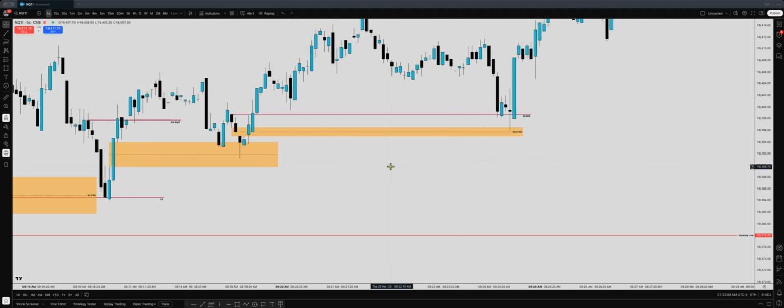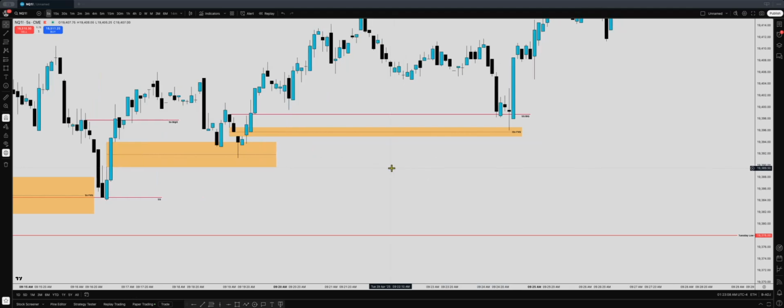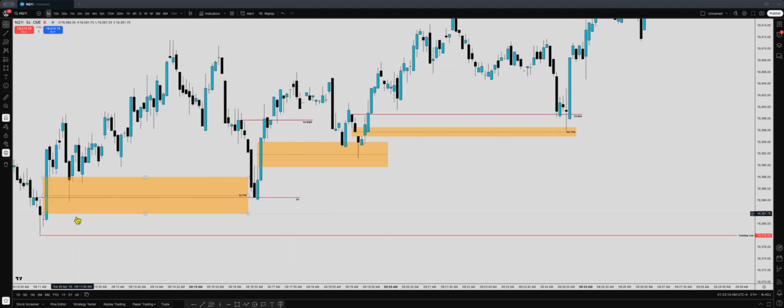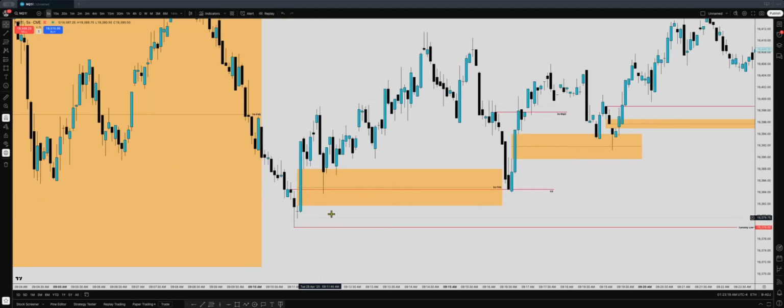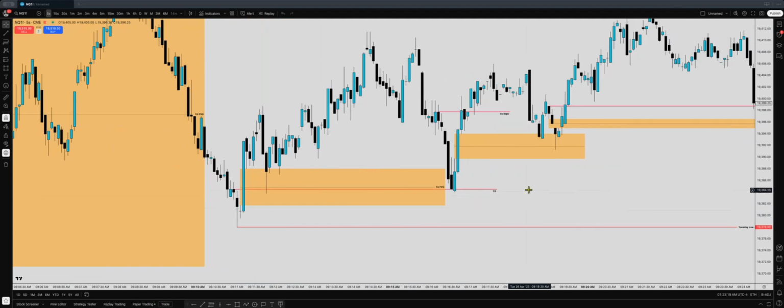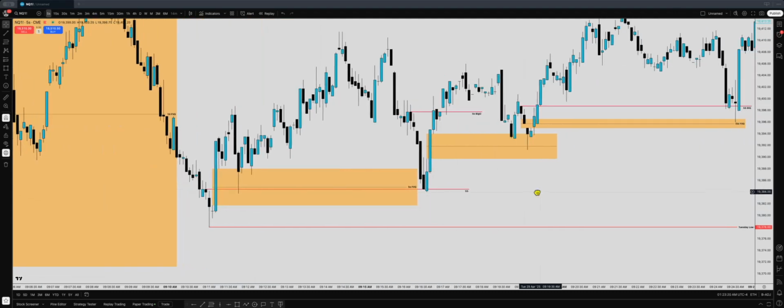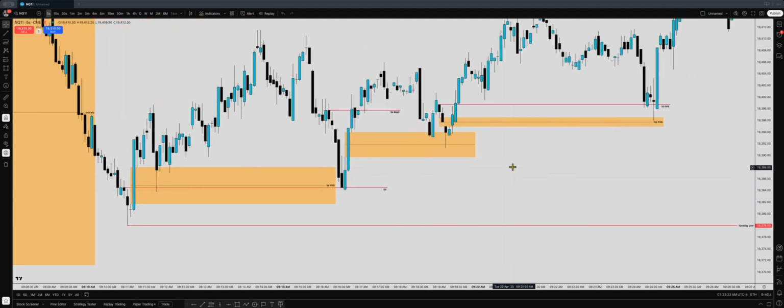But look how beautiful, just so beautiful, man. This right here, it started taking out that swing low. We're at the lower portion of the hourly fair value gap, and then this beautiful stuff occurs. Multiple confirmations.